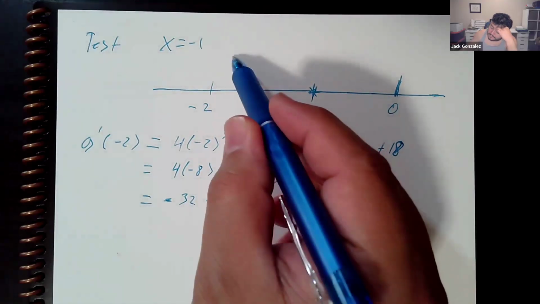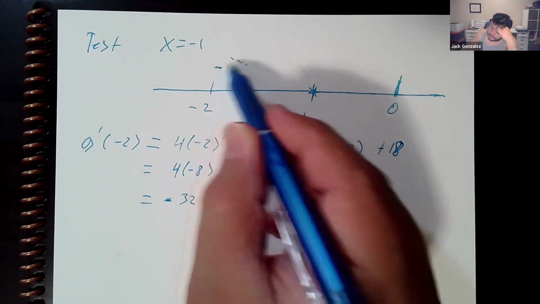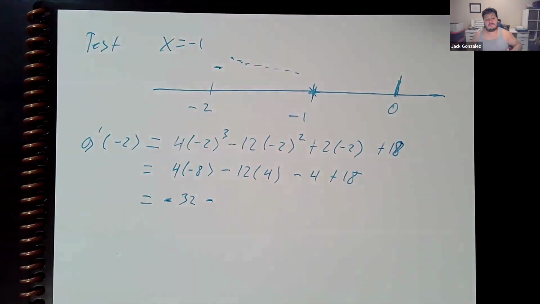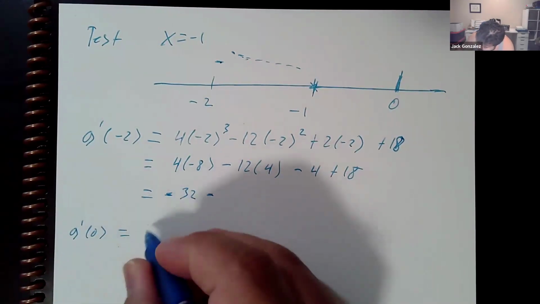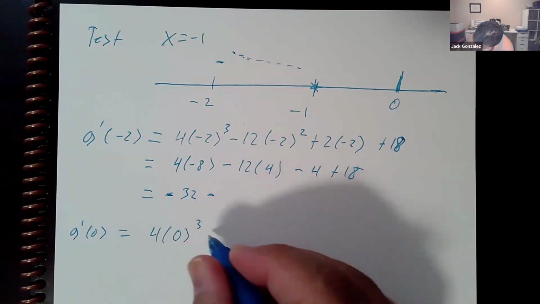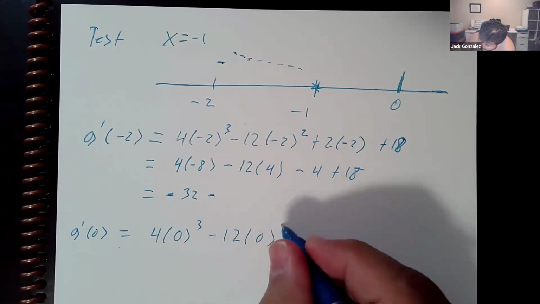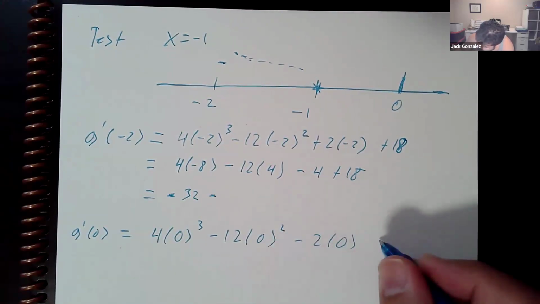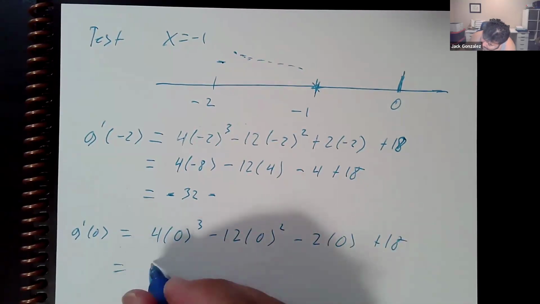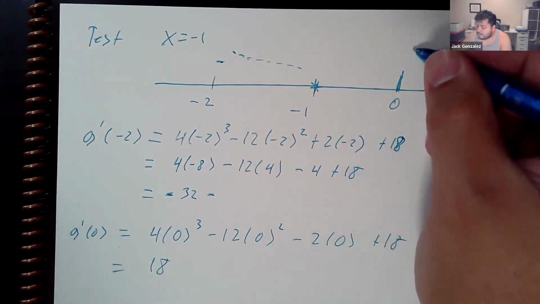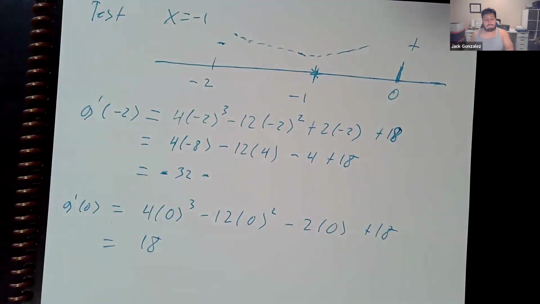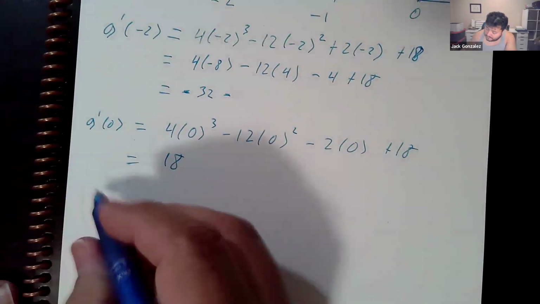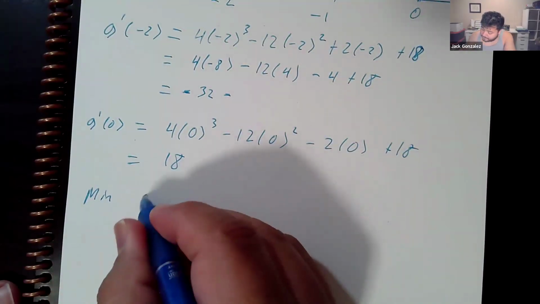Nah, that's for sure negative. I don't really care what the number is. Now 0. That would be 4 times 0 minus 12 times 0 minus 2 times 0 plus 18. So 18. And the number doesn't matter, so we'll be going down and then up. So like we said, it's going to be a minimum.